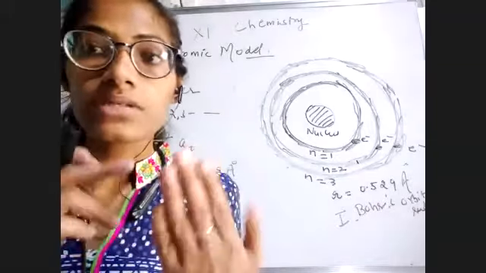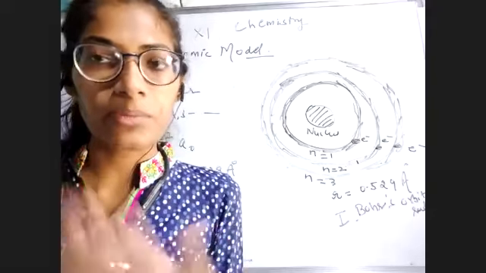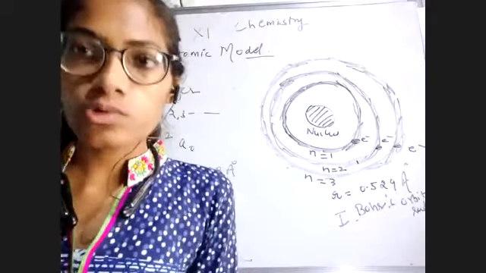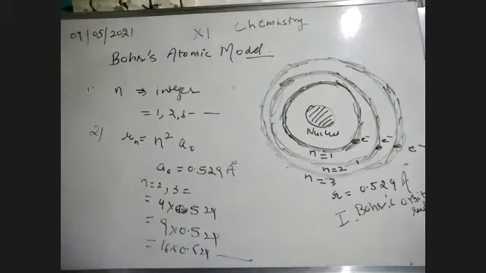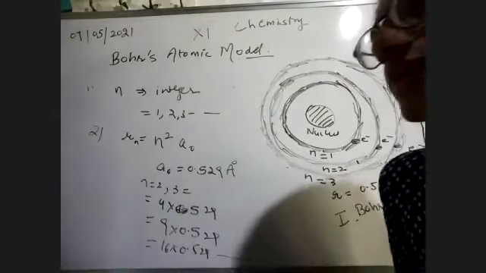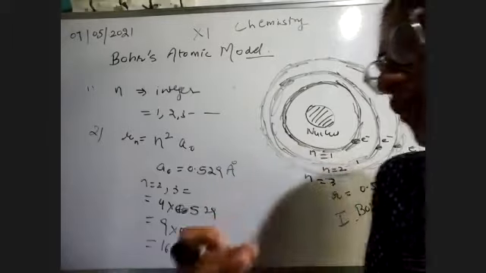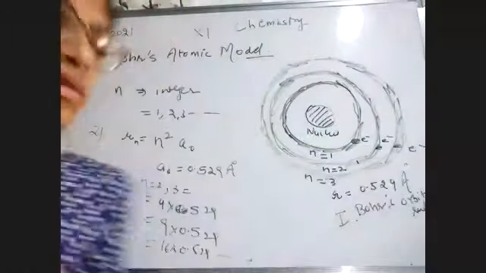Also, in the last class, we observed line spectra, with n1 equals 1, n1 equals 2, that means the Lyman series, the Balmer series, the Paschen series. This was also explained by Bohr. Let's see how. These energies can be differentiated from n equals 1 to n equals 2.